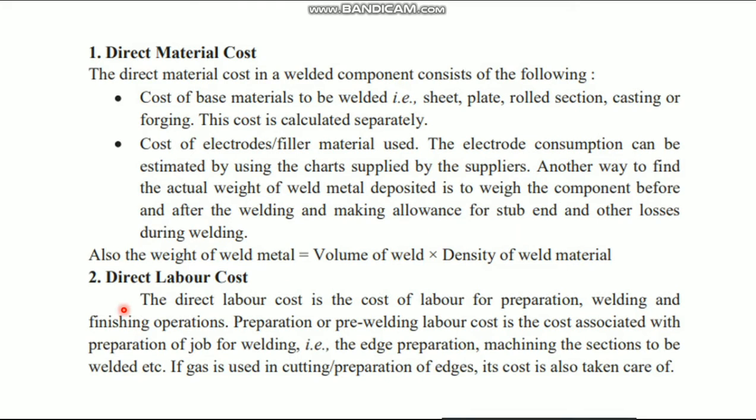Second one, direct labor cost. The direct labor cost is the cost of labor for preparation, welding and finishing operation. So the persons who are doing the operations are called direct labor. The cost required for them is called direct labor cost.